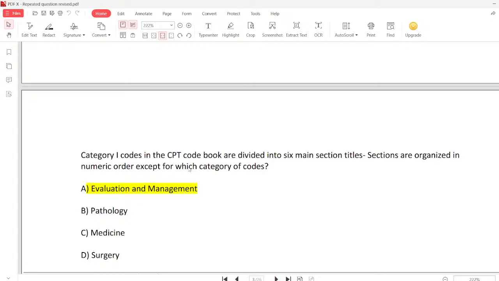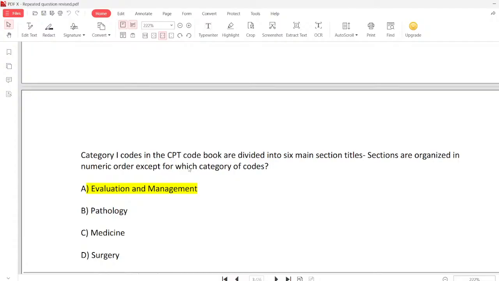So it's a direct question. Our CPT codebook is divided into 6 main section titles. If you have any doubts, take your CPT textbook and see the title page. These sections are organized in numeric order except for which category of codes?